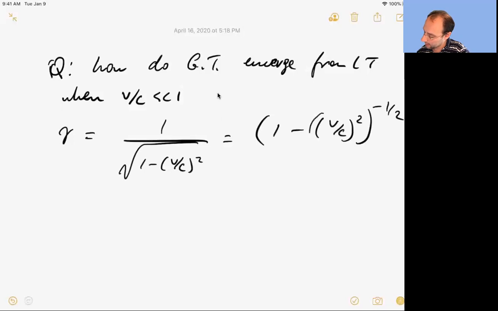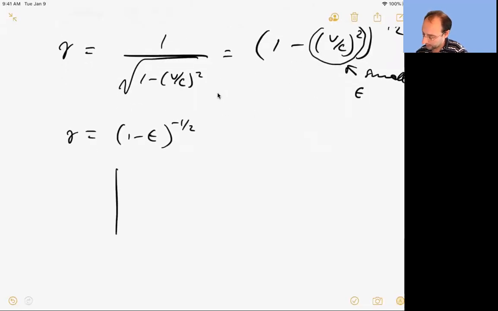Now this whole thing is small. Let me give it a nickname. I'm going to call it epsilon. Usually we use the letter epsilon for things that are small. So anyway, I have gamma equals 1 minus epsilon to the power minus 1/2.